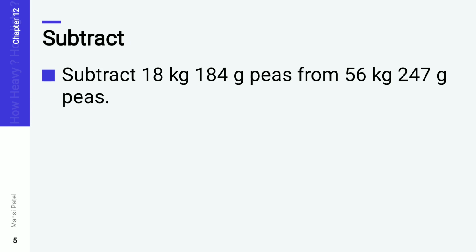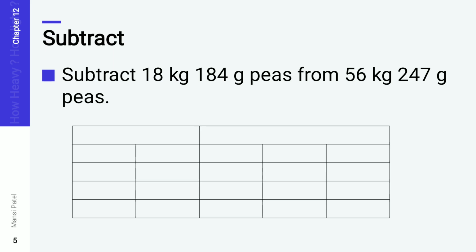What do you want to do in the subtraction? Whenever you are doing the subtraction of the units, the number which is written after 'from', that you have to write down first.